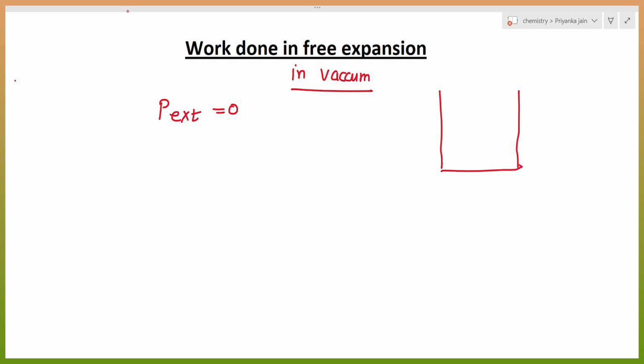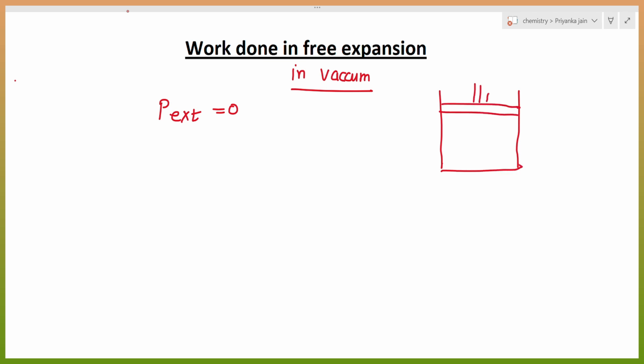The second type of work in the irreversible isothermal process is work done in free expansion, or we can say work done in vacuum. In both these cases, the external pressure is equal to 0. Suppose we are seeing here a system, and there is pressure on this piston.